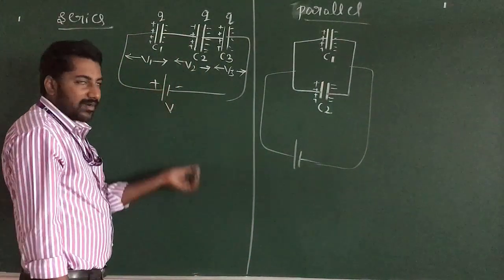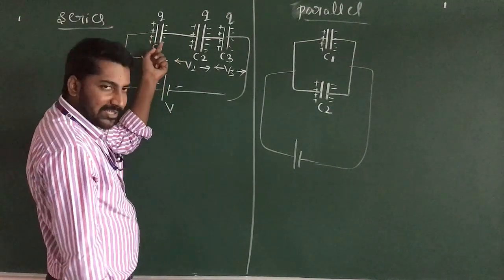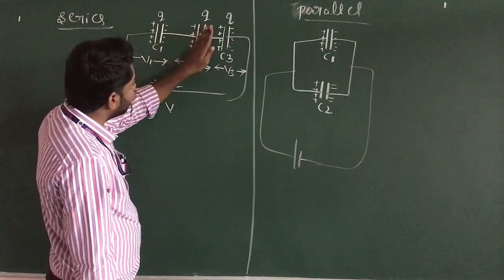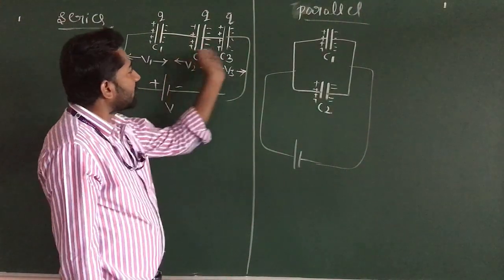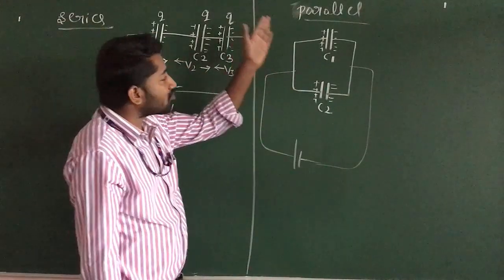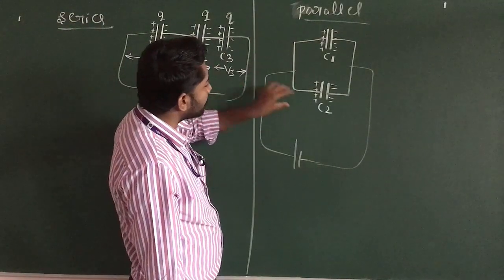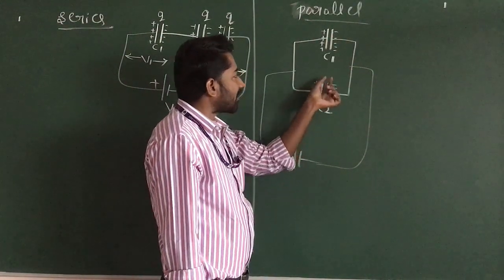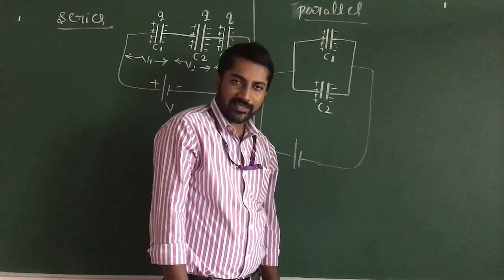In case of series combination, the positive plate of one capacitor is connected to the negative plate of another capacitor, or the negative plate of one capacitor is connected to the positive plate of another capacitor. Like this, we connect n number of capacitors. In case of parallel combination, the positive plates of all the capacitors are connected to one common point, and the negative plates of all the capacitors are connected to another common point. This is the first difference.